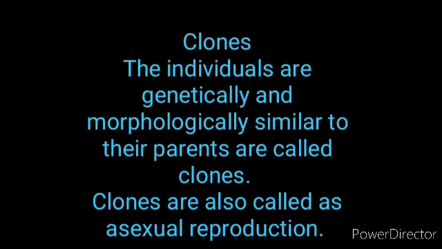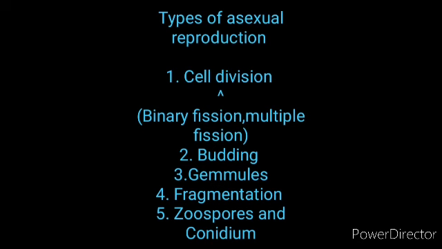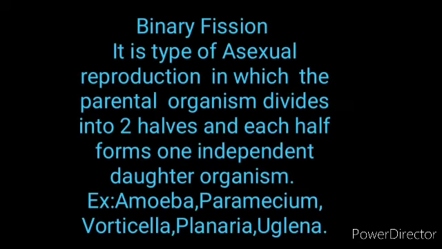Next, we discussed the types of asexual reproduction. First, we discussed binary fission. What is the meaning of binary fission? The parental organism divides into two equal halves, and each half forms one independent daughter organism.